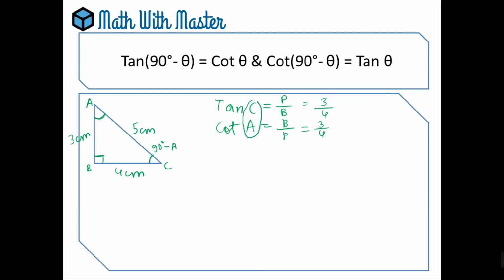If angle C and A are complementary, not any two angles can have this relationship.